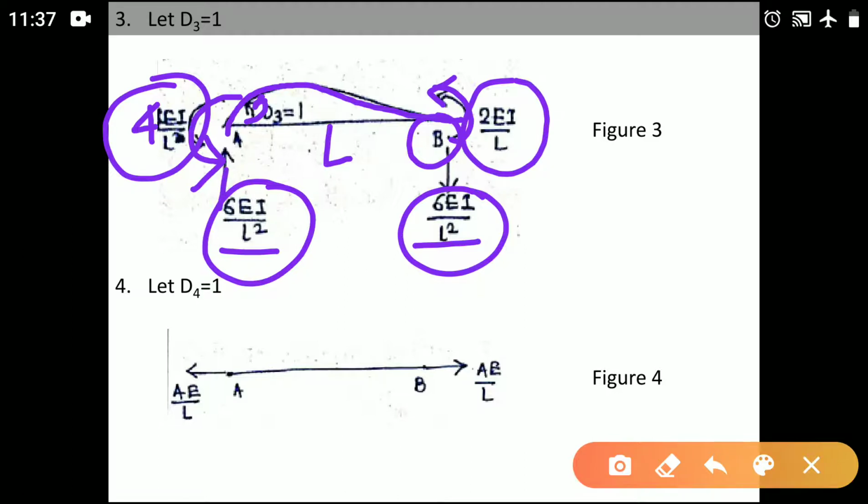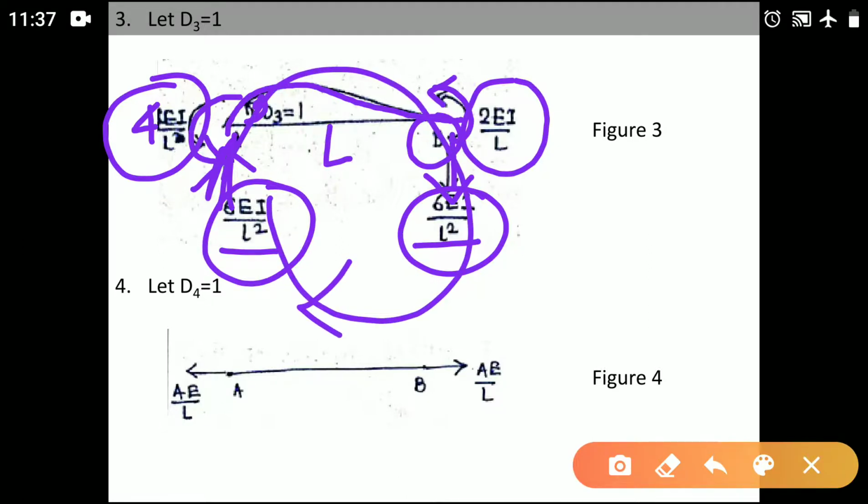Therefore the reaction at end A is shown in upward direction, and at B in downward direction. This upward and downward form a clockwise couple opposite to the moment couple.